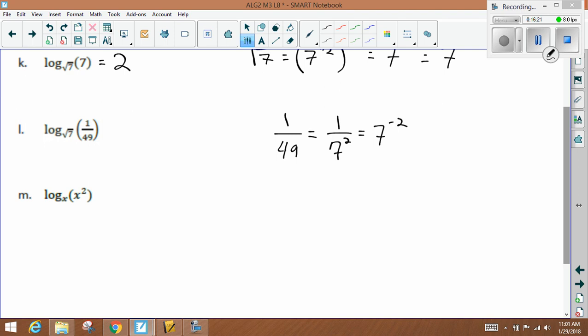So I gotta think here. Let's go separate. The square root of 7, or 7 to the 1/2. What power do I need to raise that to get 7 to the negative 2 power? Negative 4. Right? If I multiply that out, negative 4 over 2 is negative 2.